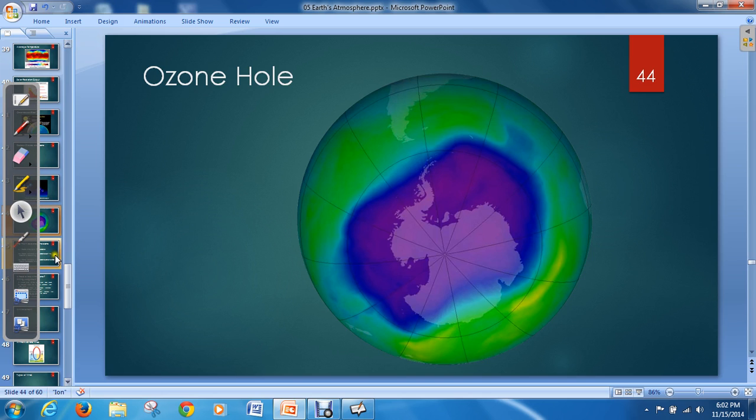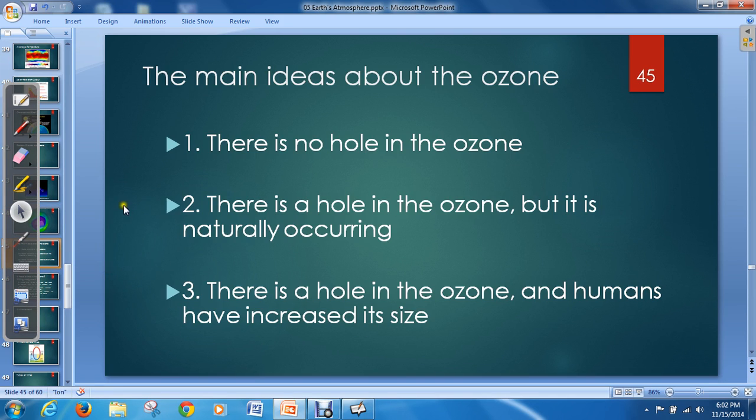When you look down to it, there are usually about three main ideas that people hold about the ozone and the ozone hole. Some people just think there is no hole in the ozone. It's all just conspiracy. That's usually more of an extremist point of view. But some people believe there is a hole in the ozone, but it is naturally occurring, and there's lots of evidence for this.